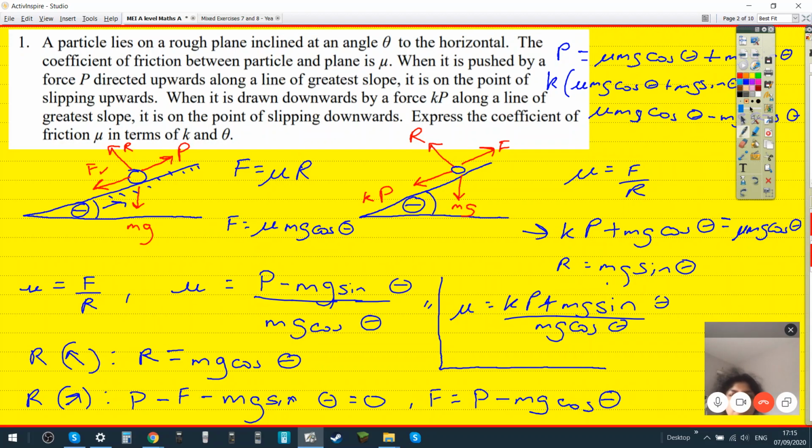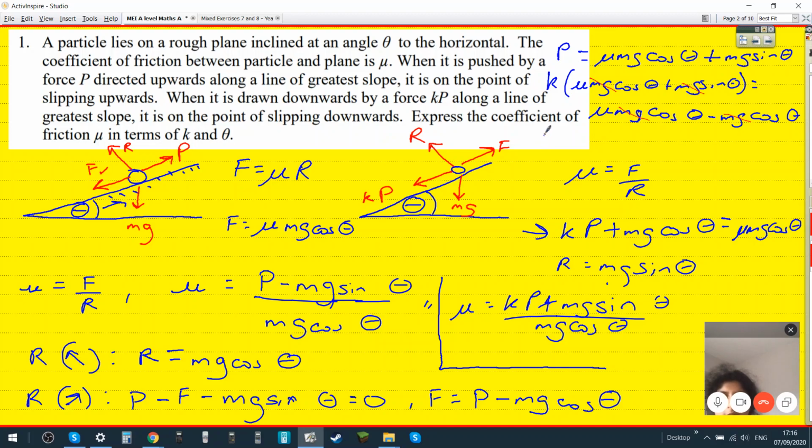That's the only way you would get mu by itself. Oh yeah, you can take out mg. So you want to expand the brackets and then make mu the subject?